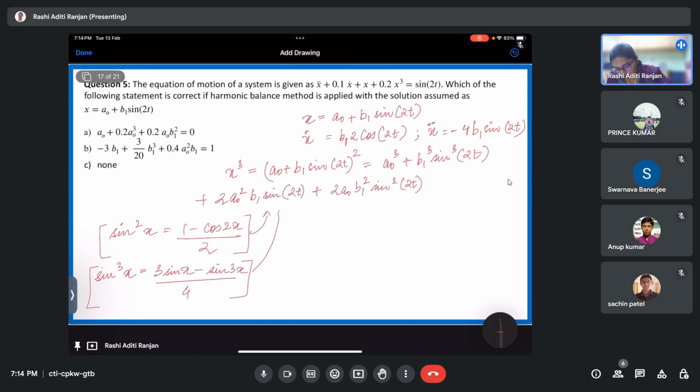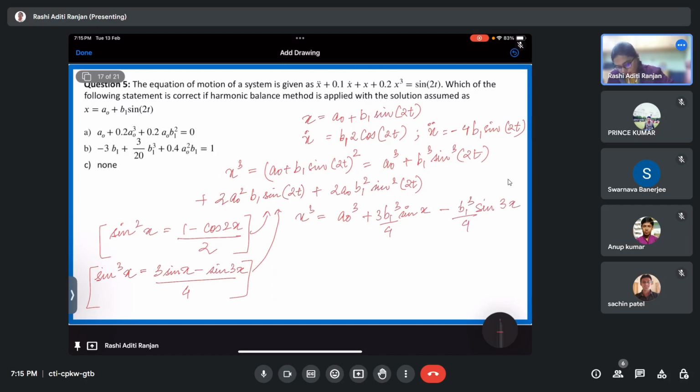So I'll put these in the above expression and then I'll get x cube as a naught cube plus 3 b1 cube by 4 sine of 2t minus b1 cube by 4 sine of 6t.